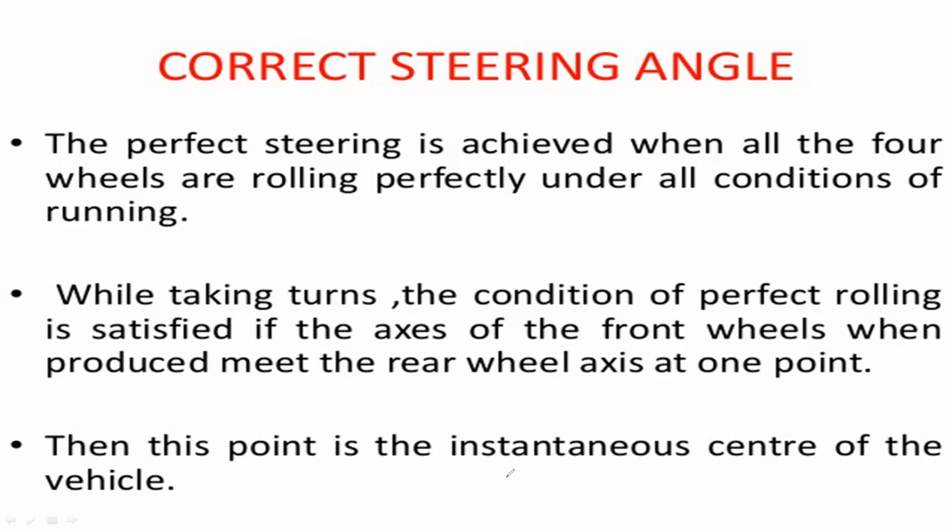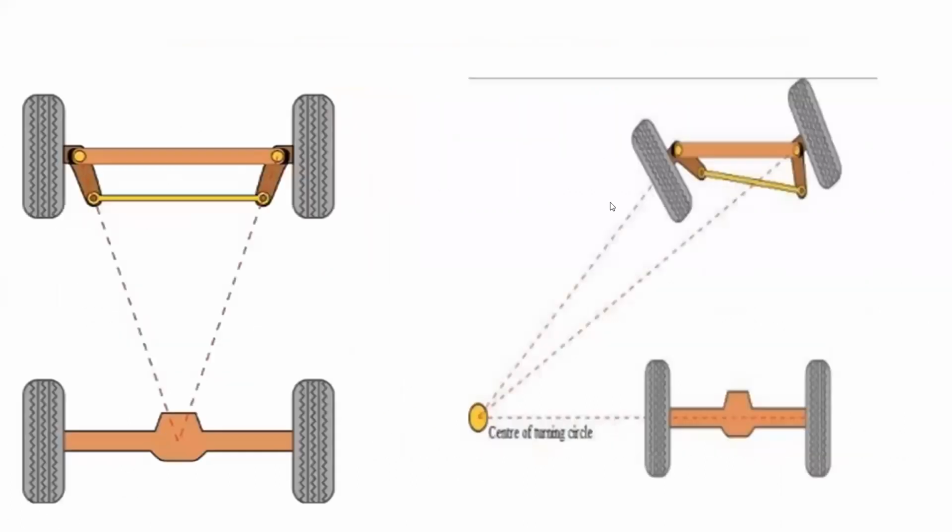This point is the instantaneous center of the vehicle. This center point is called the instantaneous center point of the vehicle in the steering system. How it should be maintained, you can see in this diagram of the turning motion.